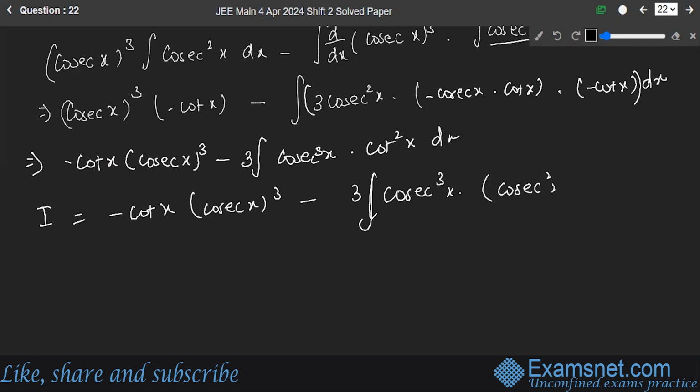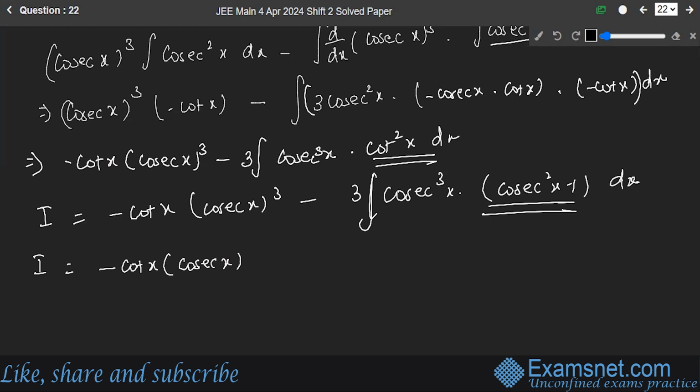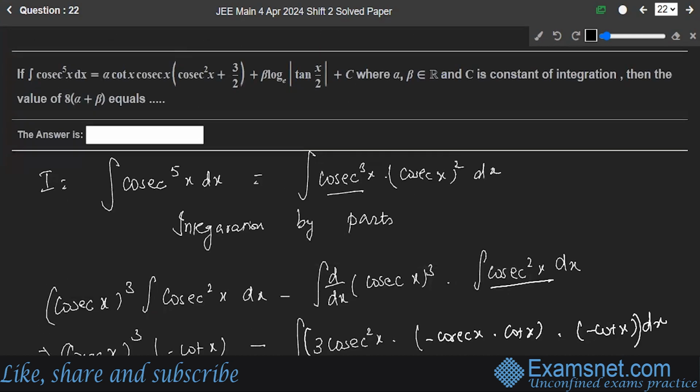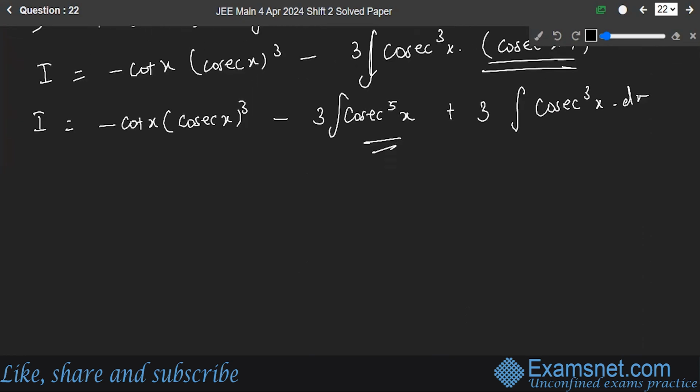I'm again opening this: cotangent square x is equal to cosecant square x minus 1. So this I is equal to minus cot x into cosecant cube x minus 3 cosecant power 5x plus 3 cosecant cube x. See, this was your I. Remember, this was your I in the starting. So this becomes I is equal to minus cotangent x cosecant cube x minus 3I plus 3.